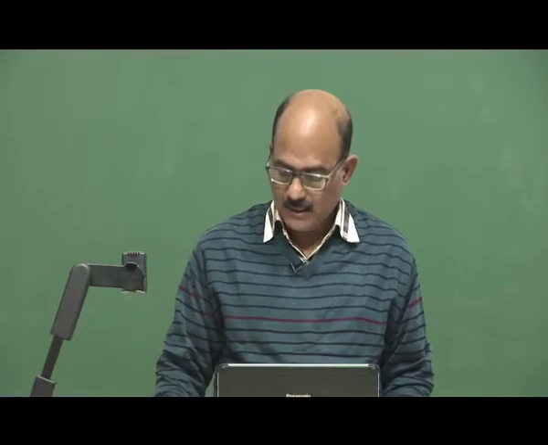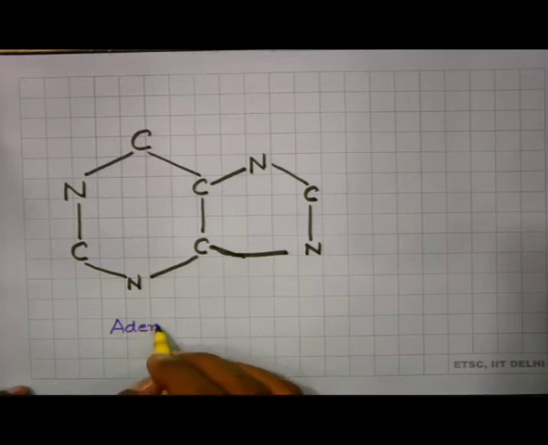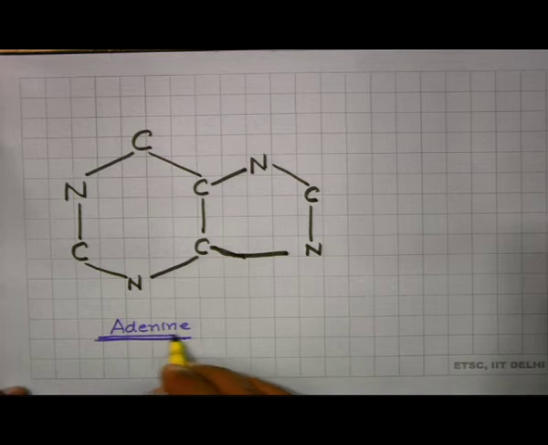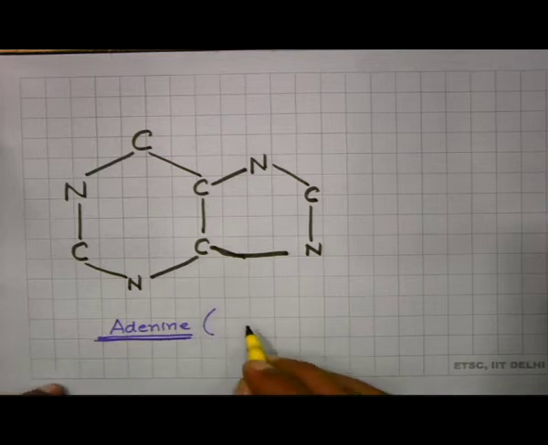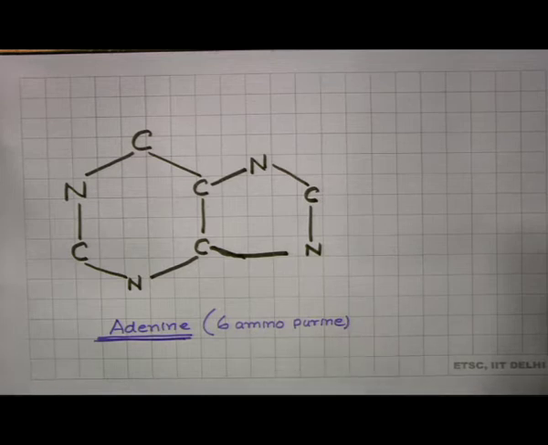Let us write the structure of adenine. First of all, you know that adenine is also known as 6-aminopurine. First of all, number this.